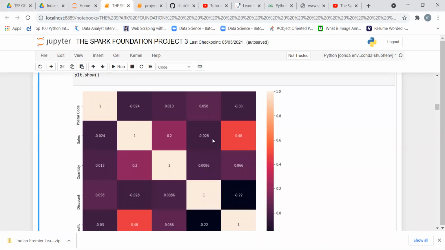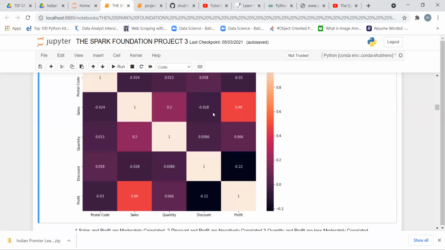Sales and discount also show a negative relationship. Discount and sales have an inverse relationship with each other, shown in negative figures.